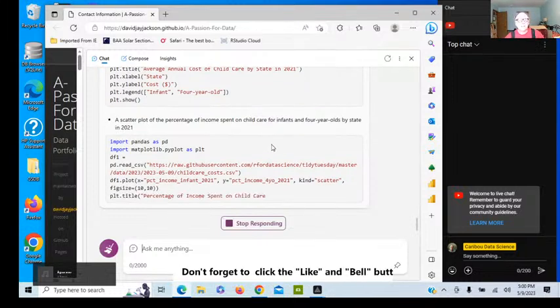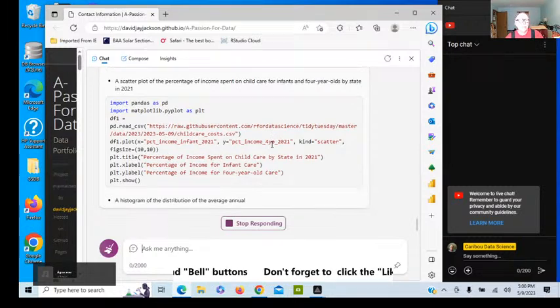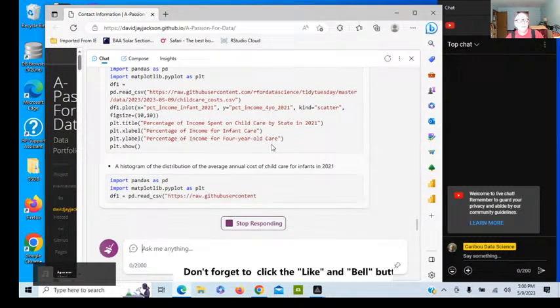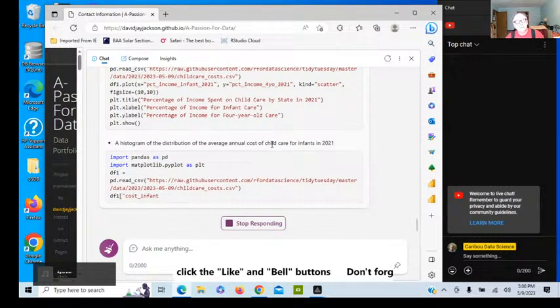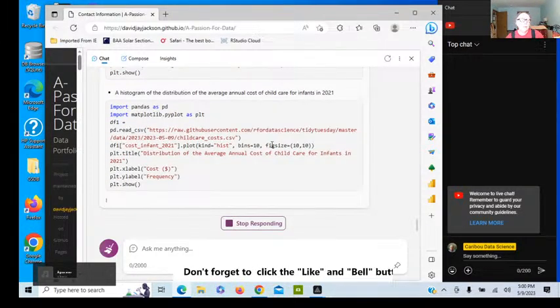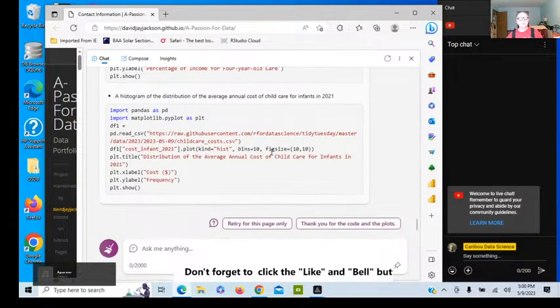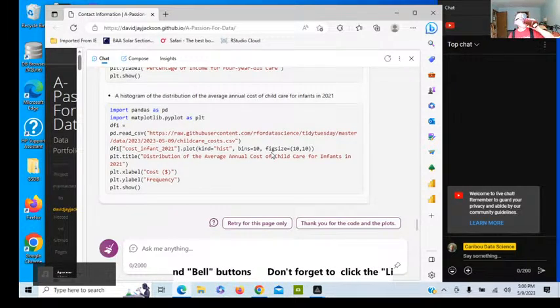So will it actually show us the plots? That's the question. Let's try this.